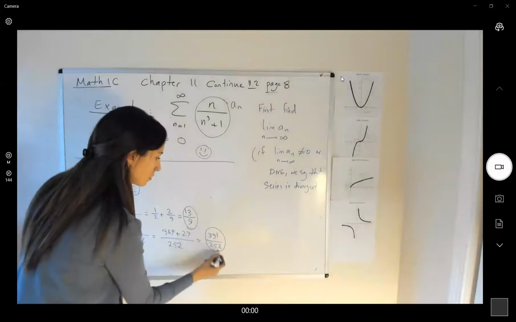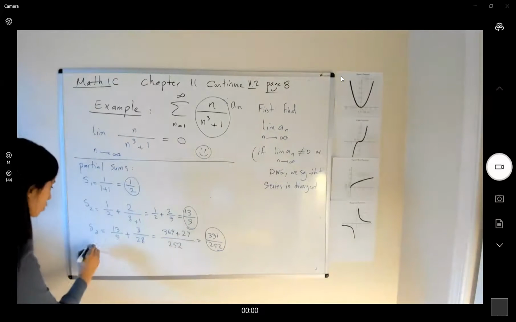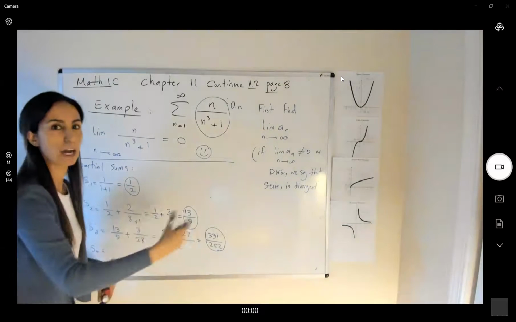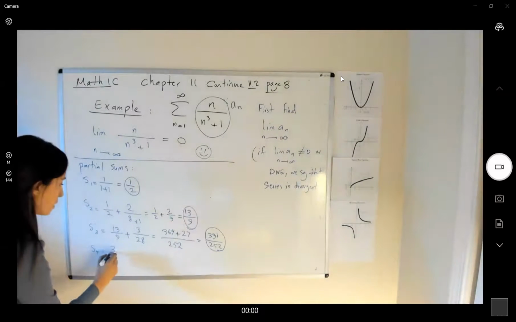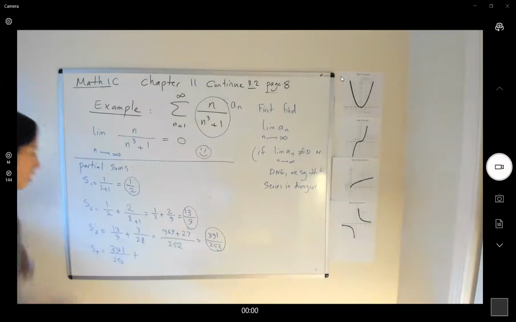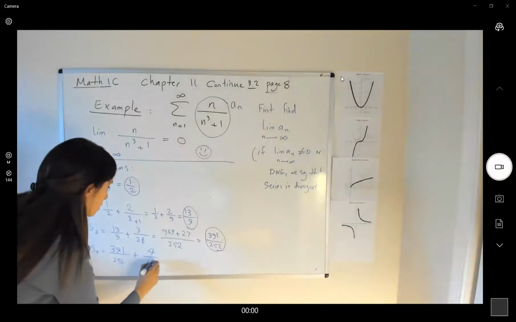Okay, it's not that bad. It seems like you're just staying around one number. S sub 4 is 395 over 252 plus, let's plug in 4, 4 divided by 65.